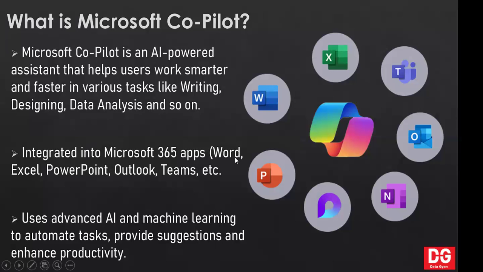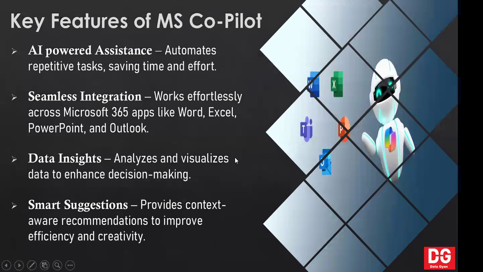So there are certain key features in Microsoft Copilot. Let's see what it provides. First, it automates repetitive tasks, saving our time for high value work. Whether you need to draft an email, Copilot suggests the perfect wordings or paragraphs for you, or you are working on a report, it summarizes keywords for you on your behalf.